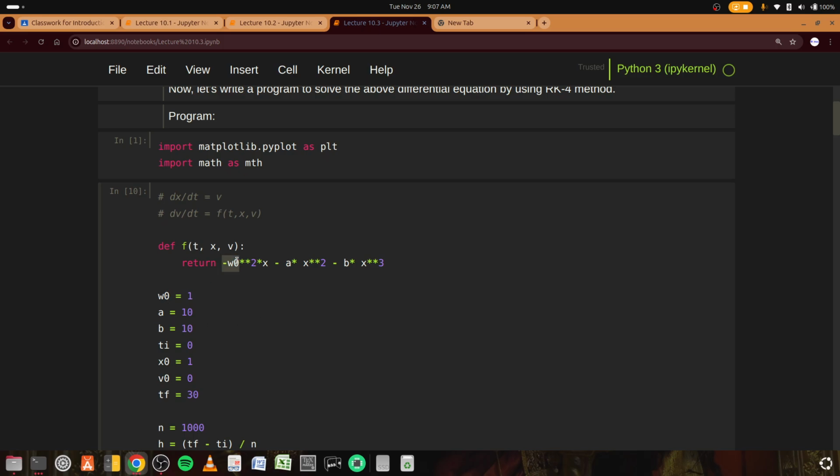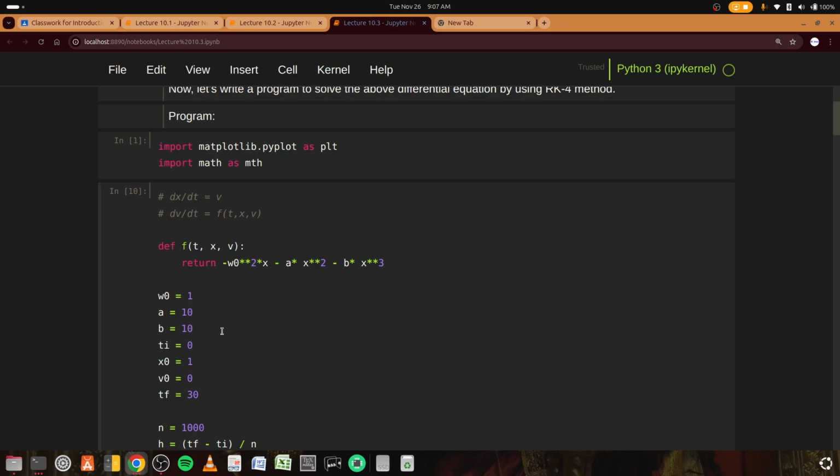So here first it is a function of x only, right?